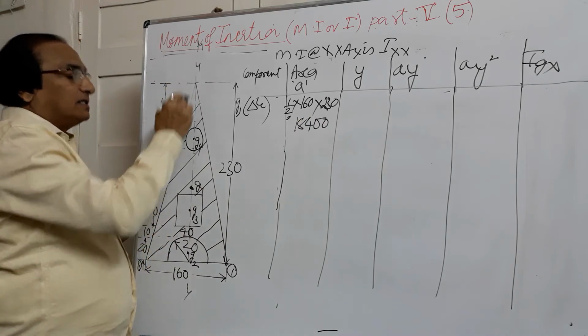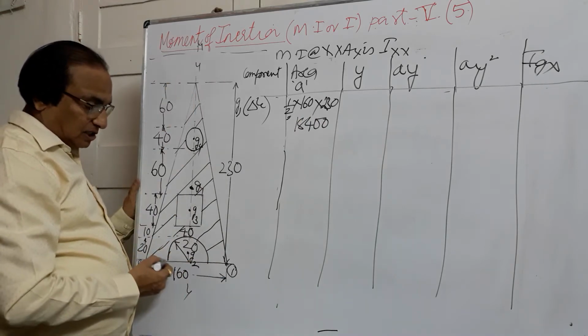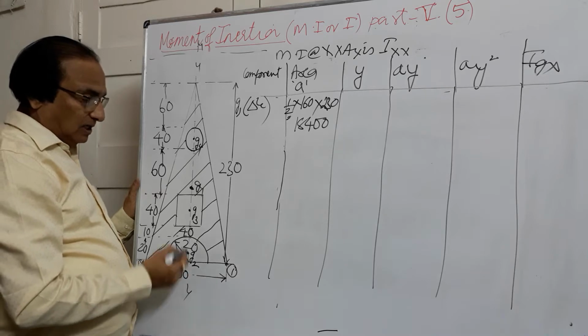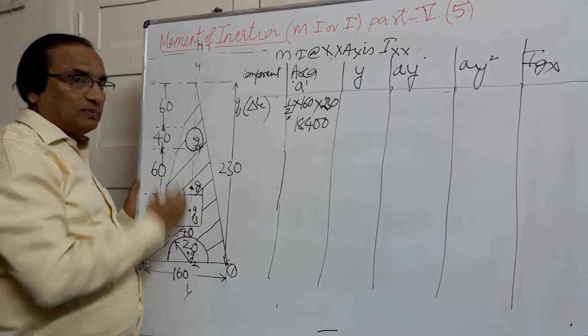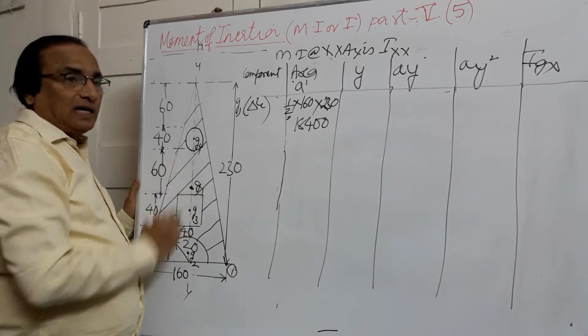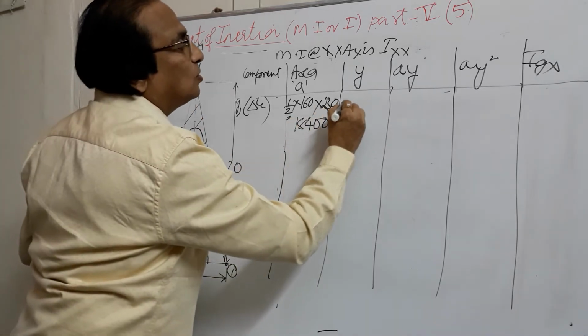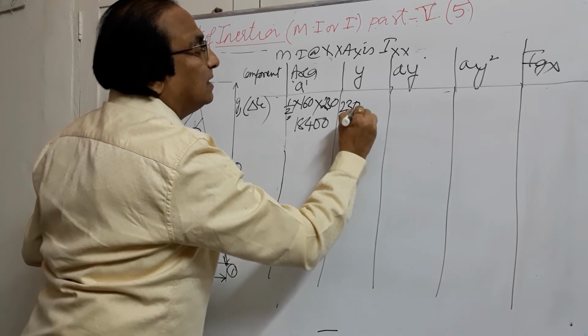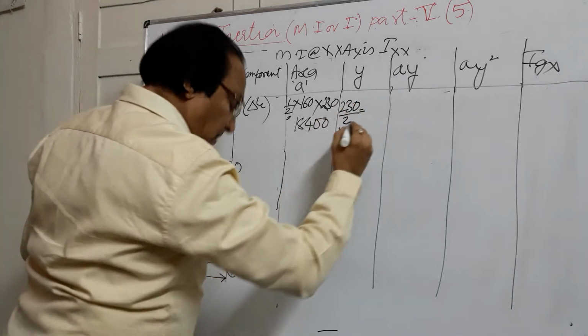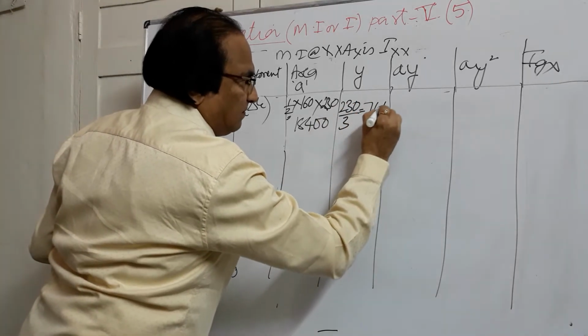So here this is a triangle. We are measuring the distance from the base, and we know the distance of the centroid of a triangle from the base is 1/3 of the height. The height in this direction is 230, so this will be 230 by 3, which is equal to 76.67.